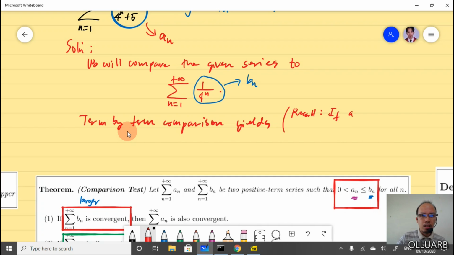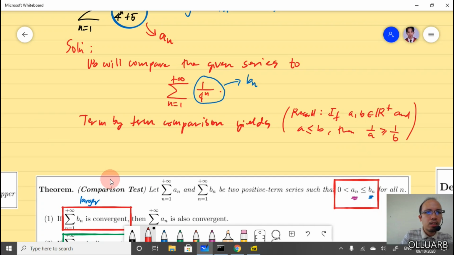If a and b are positive real numbers, and a is less than b, or maybe equal, then 1 over a is greater than or equal to 1 over b. Okay, let's remember this one.